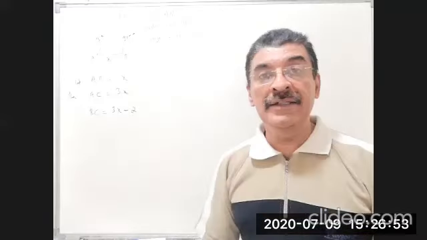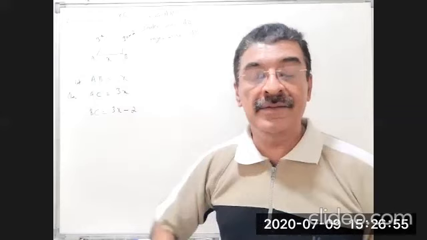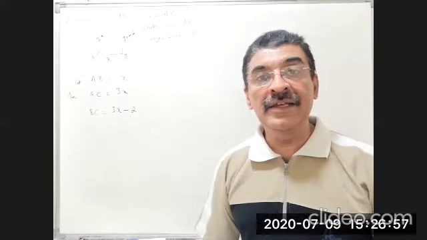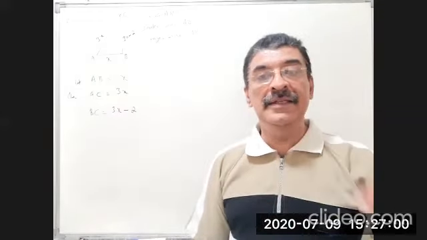So the shorter side is x, the longer side is 3x, and the third side is 3x minus 2.